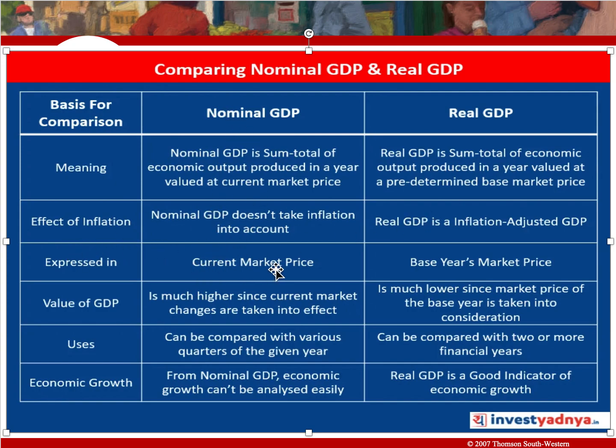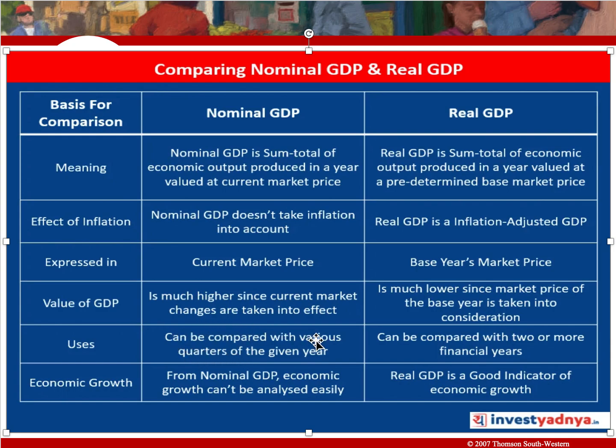Nominal GDP is expressed in the current market price. This one is expressed in the base year, as I already mentioned earlier. And the value of nominal GDP tends to be higher. Real GDP tends to be lower. And nominal GDP can be used to compare various quarters of a given year.